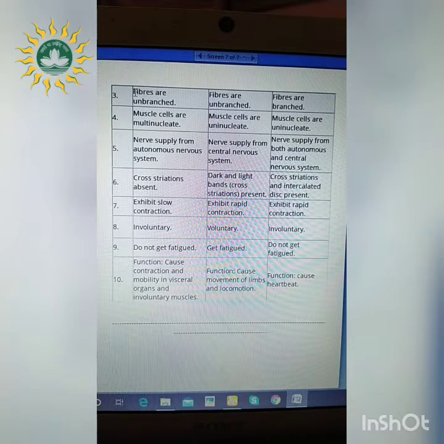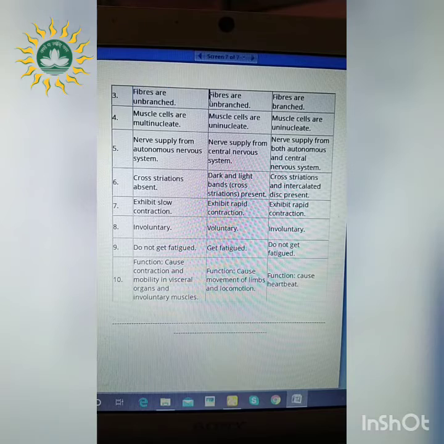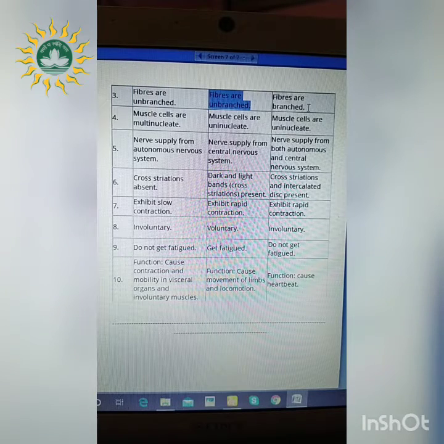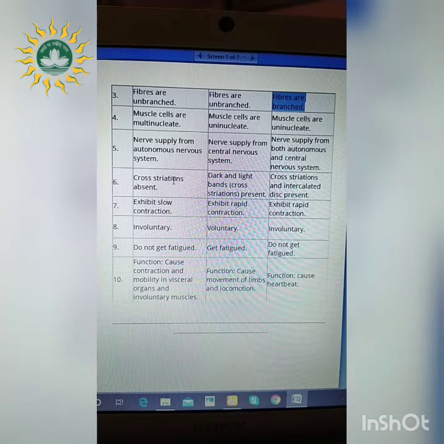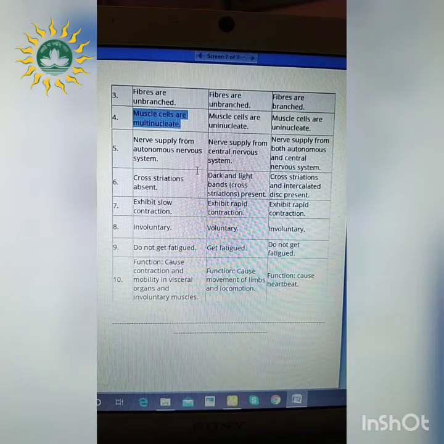Third, the fibers of the unstriated muscles are unbranched. The fibers of the striated muscles are also unbranched, whereas the cardiac muscles are branched in nature. The unstriated muscle cells are multinuclear, that means many nuclei are present, whereas the other two types, striated as well as cardiac, are uninuclear, that means one nucleus is present.